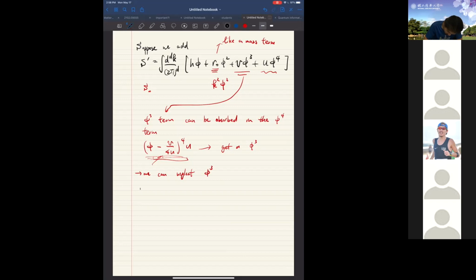So let's first analyze the linear term. As you know, this is the linear term, which after one RG iteration, I want to do one RG step.